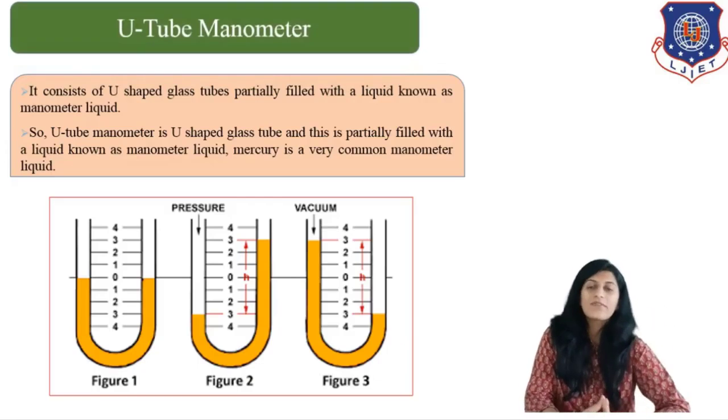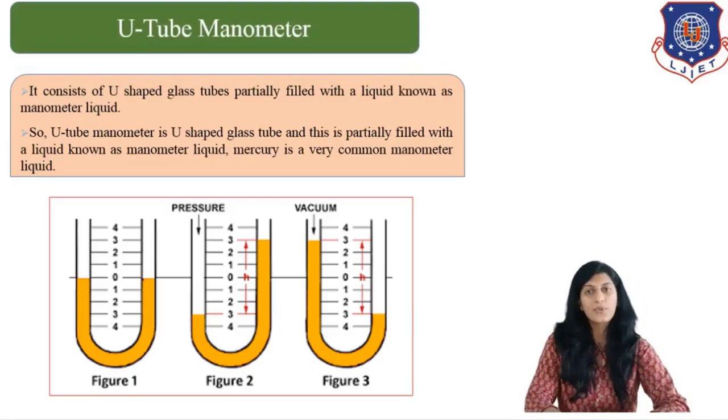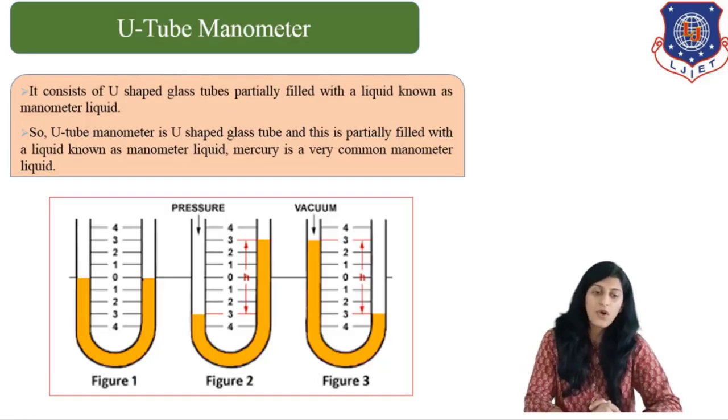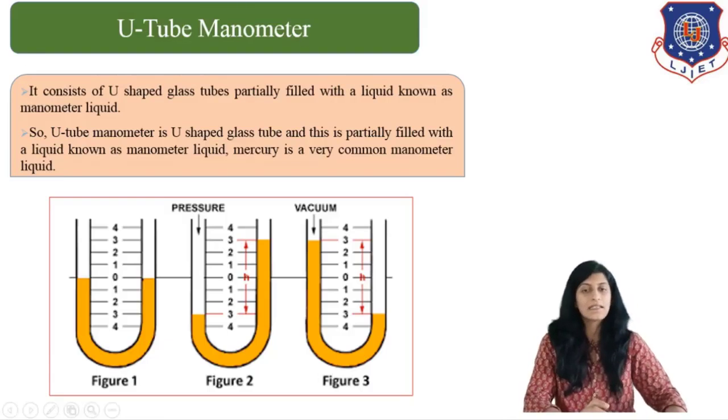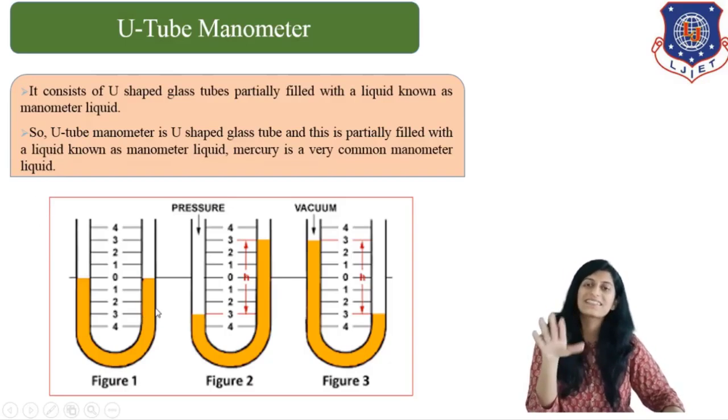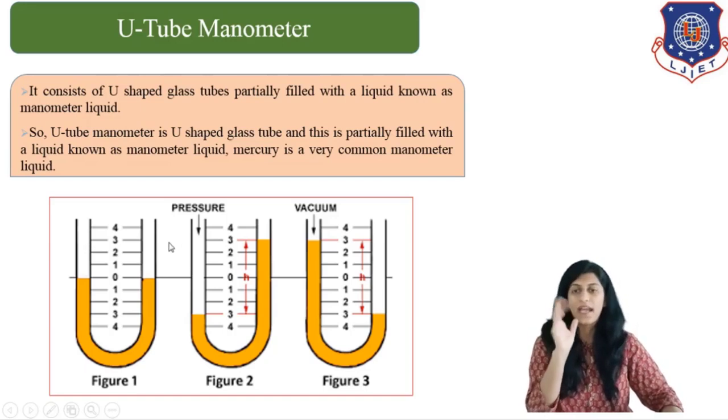Now, there are various types of manometers which we use in industries and which we can install at different equipment. The first and simplest form is the U-tube manometer. As you can see in this picture, I have put three different figures: figure 1, figure 2 and figure 3. Figure 1 is a U-tube manometer at rest position, when both limbs of the manometer are open to the atmosphere.